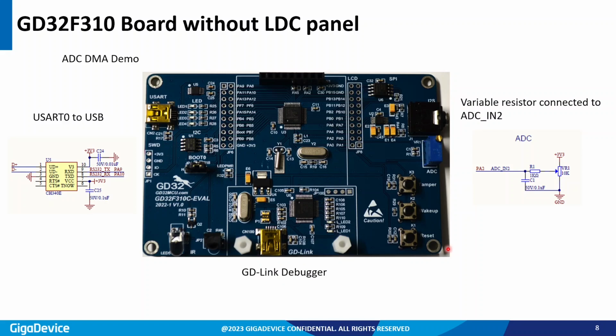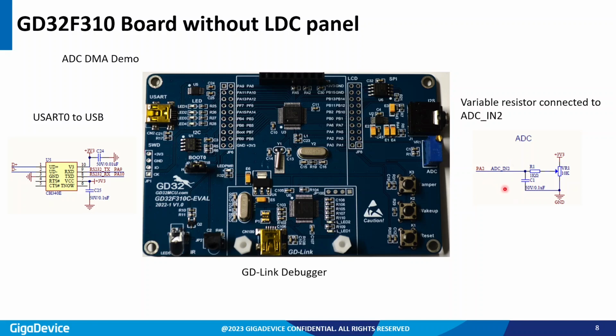This is a shot of what the actual board looks like. We're going to use UART 0 from the IC to USB, and there are a couple of pins we're going to utilize: for the transmit, PA9, and for the receive, PA10. You can see there is a rheostat, or variable resistor, hooked up to ADC IN2.